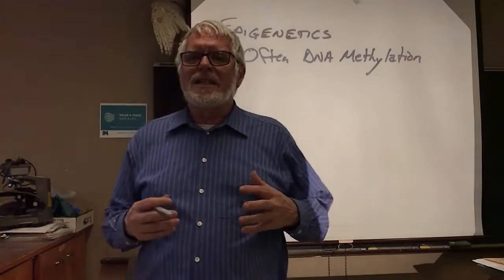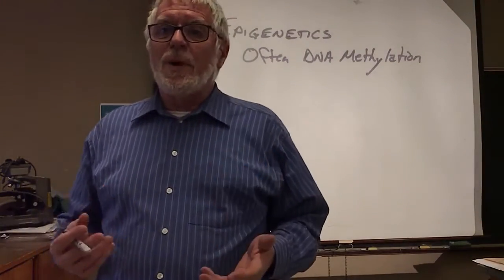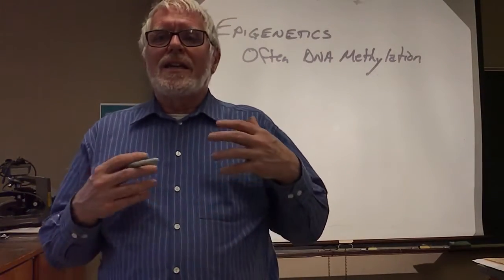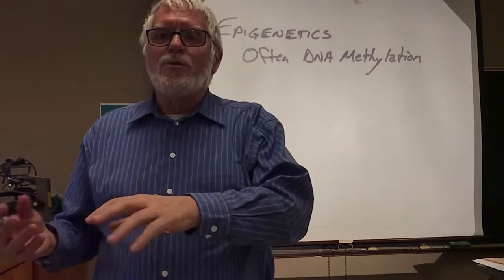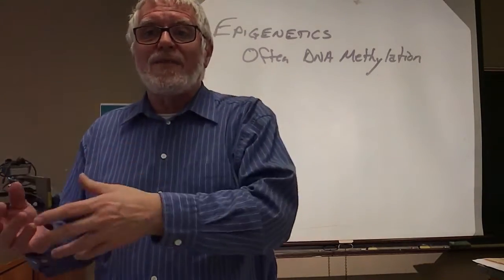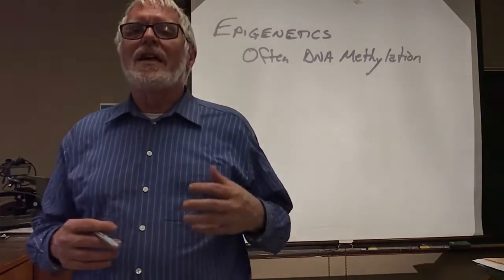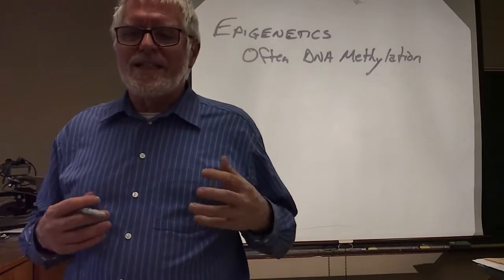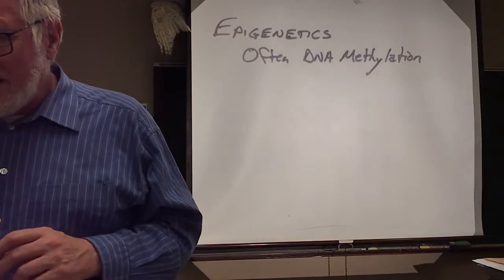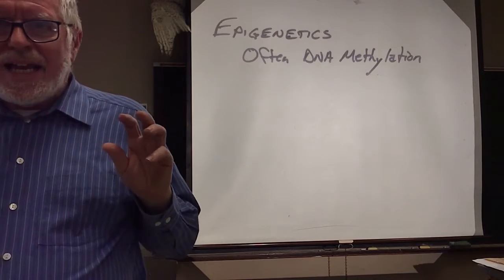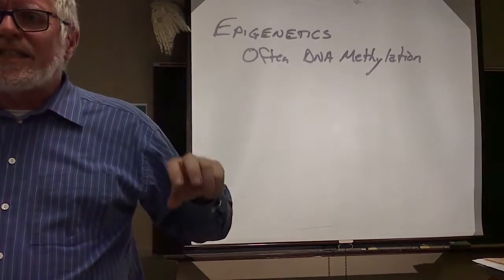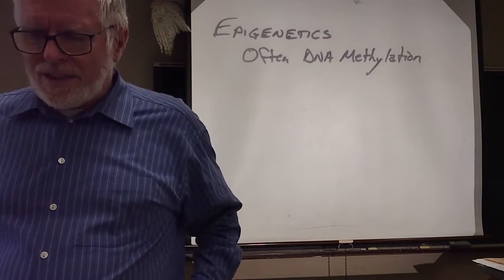Remember, epigenetics is primarily gene expression. Can you use the gene, can you not use the gene, can we activate the gene, can we deactivate the gene? That is most of what is happening in epigenetics. If the methylation is stripped off, the gene activates.